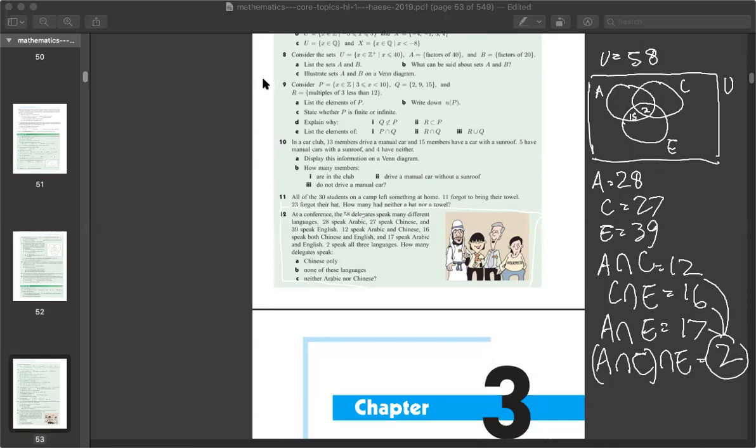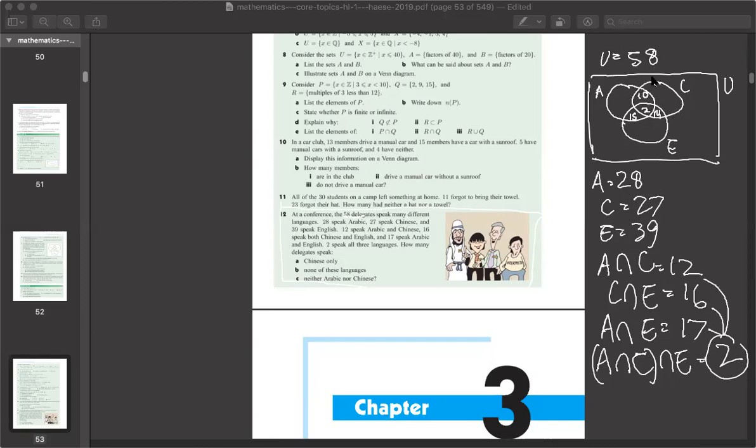The questions ask you to answer some of these, but I usually have a habit of drawing the Venn diagram and filling in all the spots first before answering, so we should do that first. C intersection E would be 16 minus 2 is 14, and then 12 minus 2 is 10.